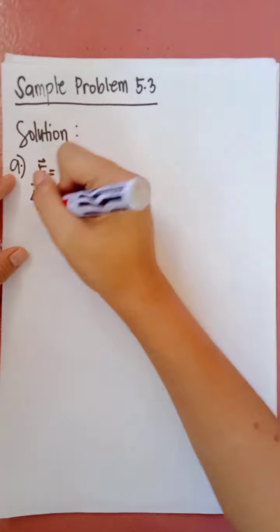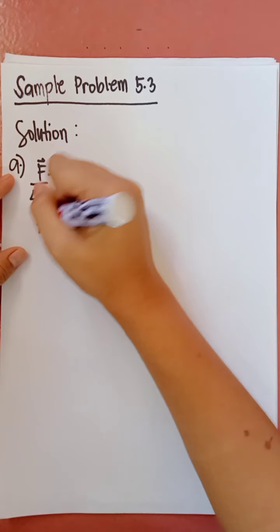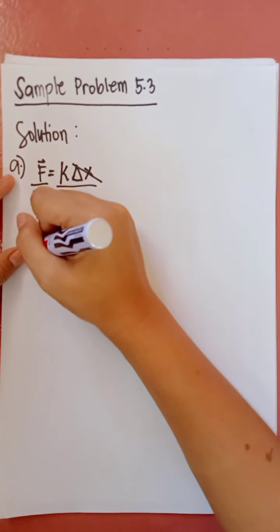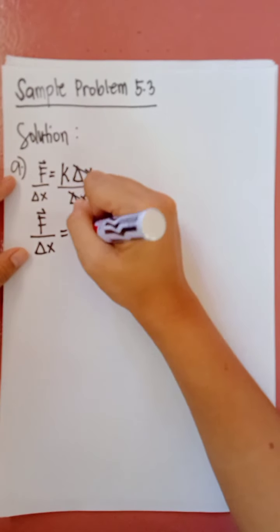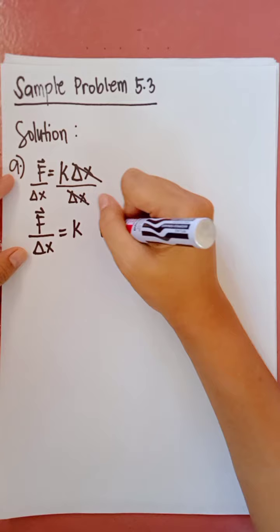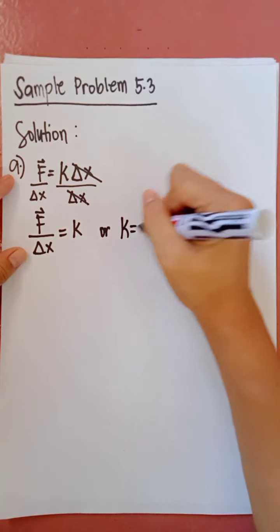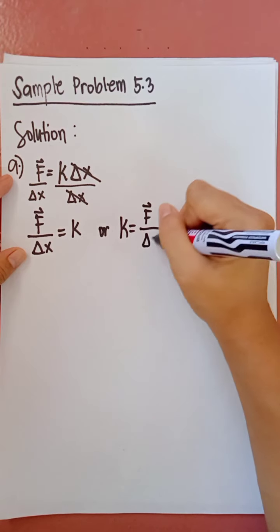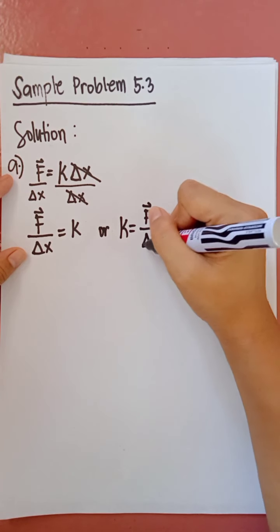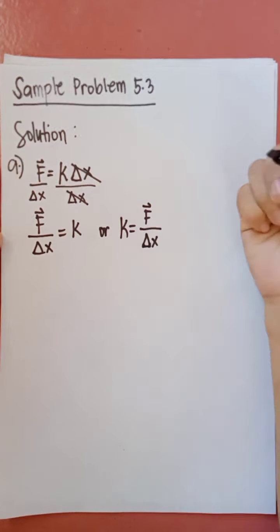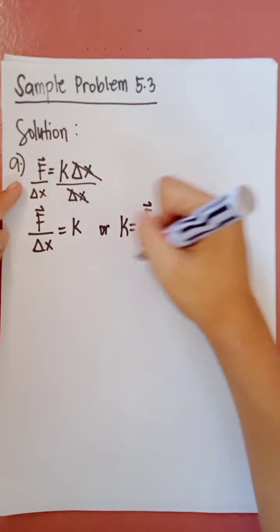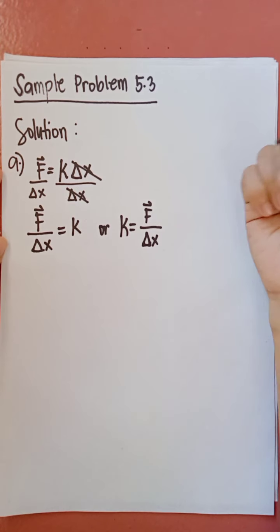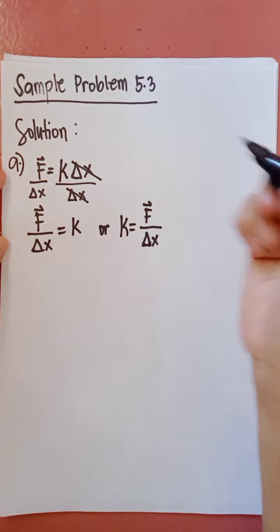Now our equation turns out F over delta X equals K, or we can write that in this form, K equals F over delta X. So from this, we can substitute values based on the given problem.